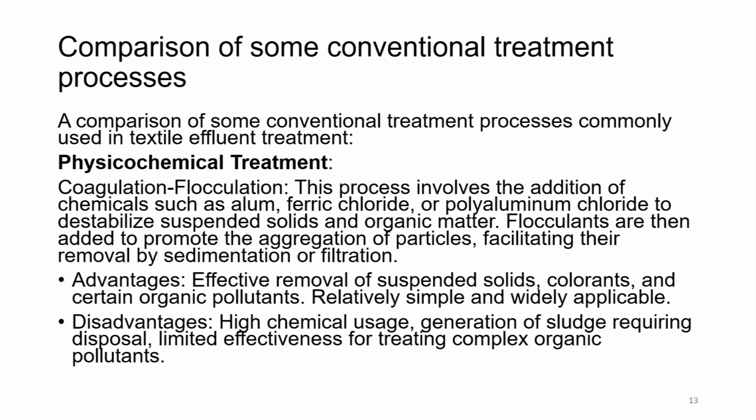The advantages are effective removal of suspended solids, colorants and certain organic pollutants, relatively simple and widely applicable. Disadvantages: high chemical usage, generation of sludge requiring disposal, limited effectiveness for treating complex organic pollutants.